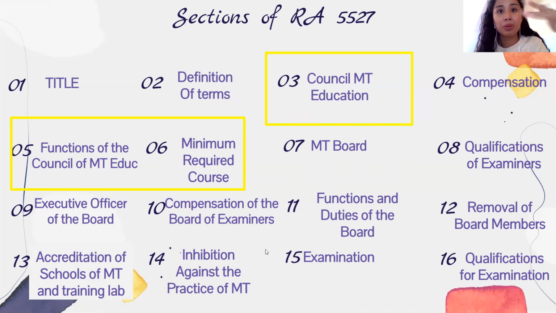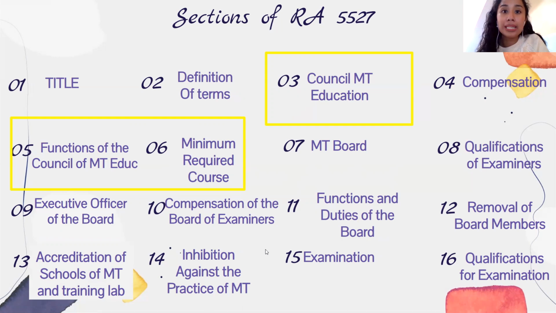The minimum required subjects that you have to take are based on Section 6. And who set this minimum required course? This is from your Council of Medical Technology Education.